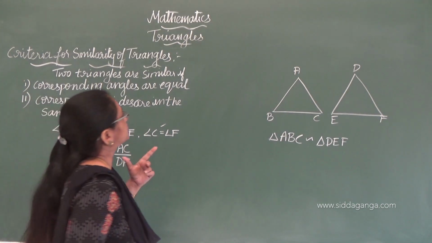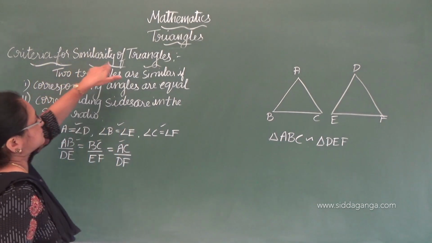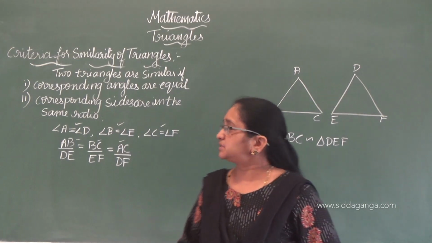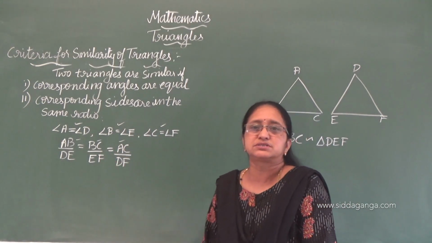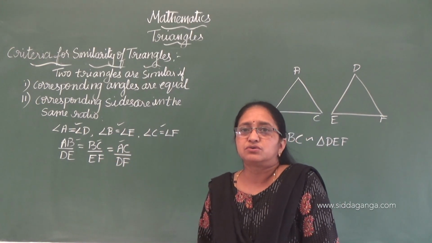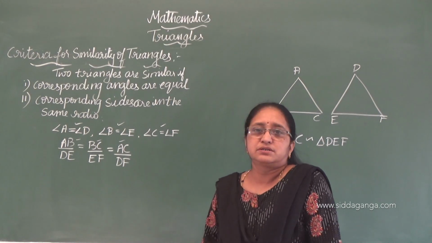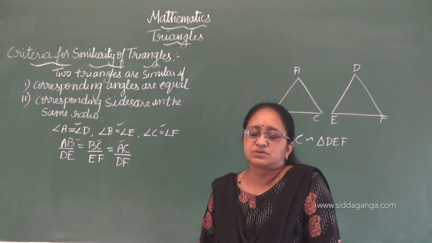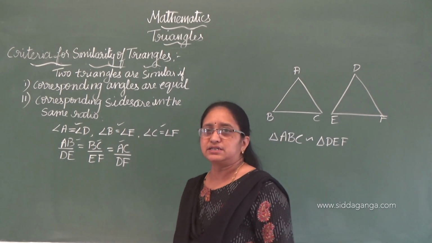So then how can we say that two triangles are similar? We have 3 criteria.